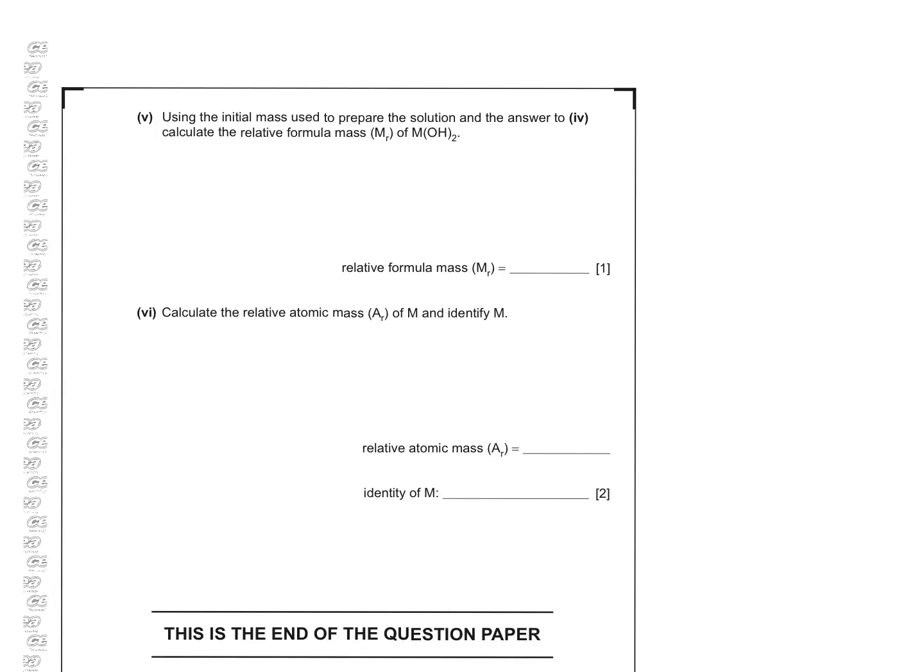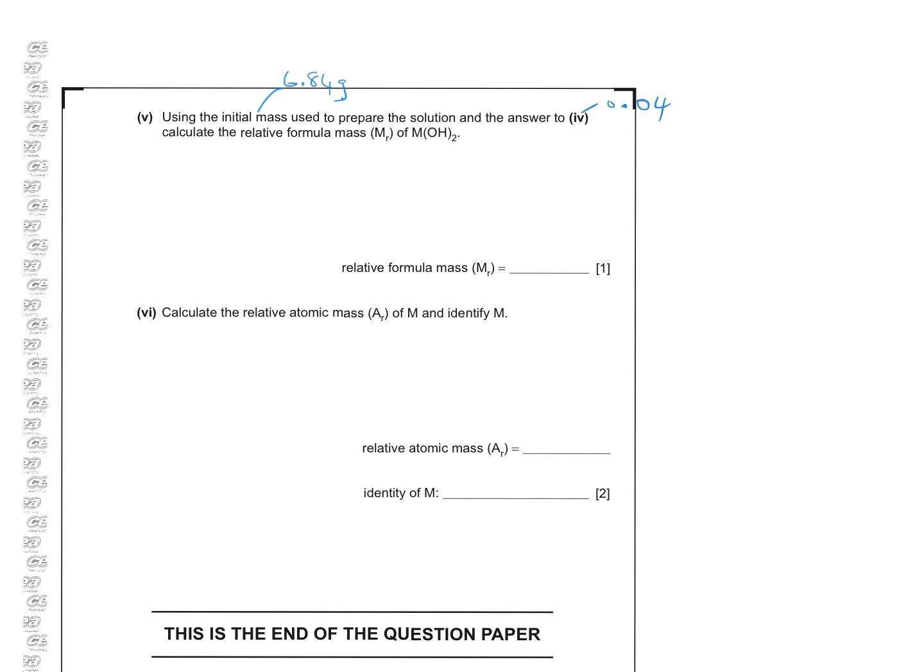Part 5, using the initial mass, and now the initial mass was 6.84 grams. And the answer to part 4, that was just calculated and worked out to be 0.04. So now we have to calculate the relative formula mass of this MOH2.